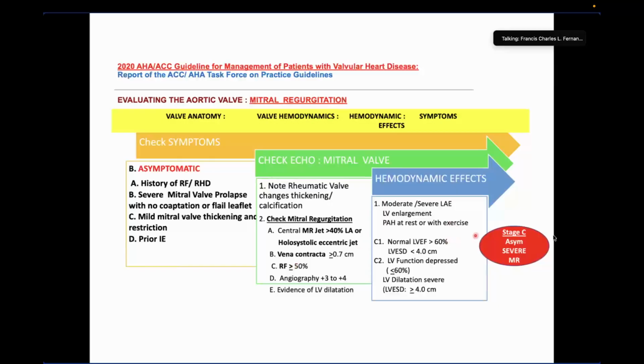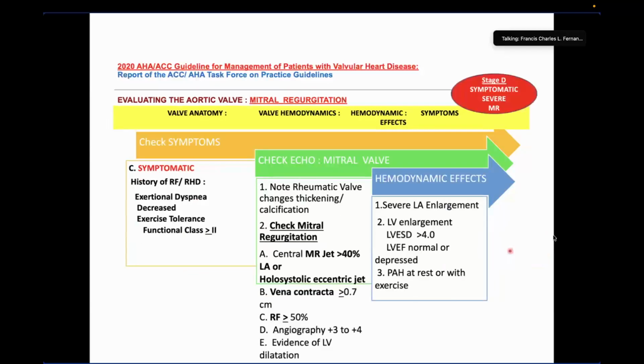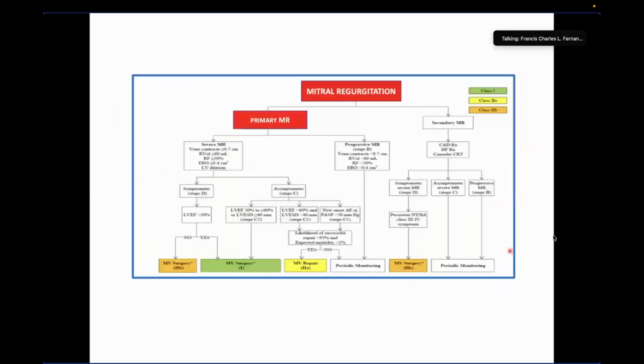However, when they are asymptomatic severe, we may have to start planning for surgery because later on we may have to do it in symptomatic severe patients already. So this is the schema for asymptomatic stage C for your EF of 30 to 60%. Why do we have a higher threshold? Because your ejection fraction goes two ways.